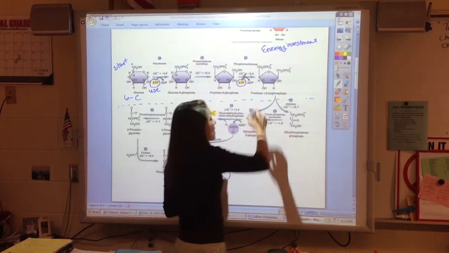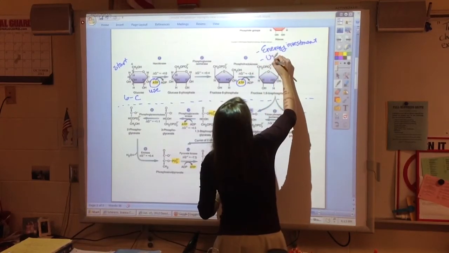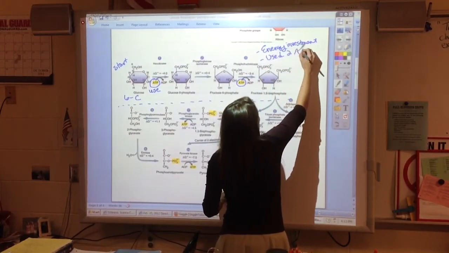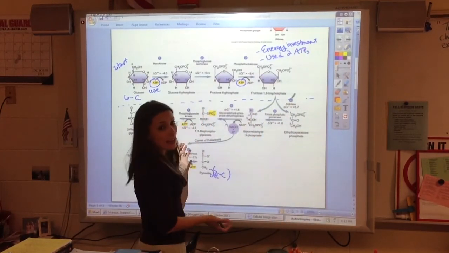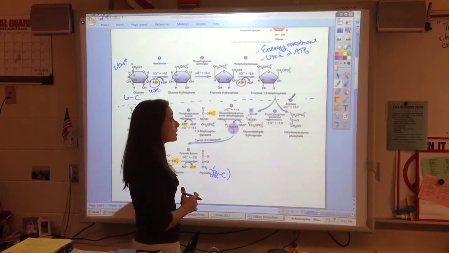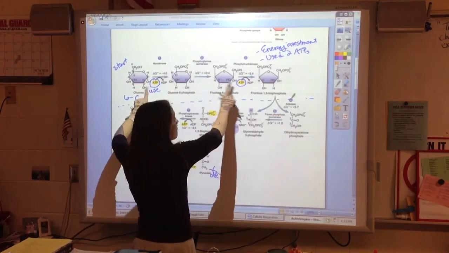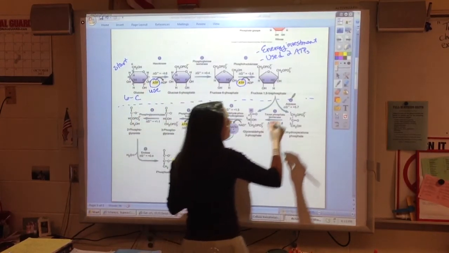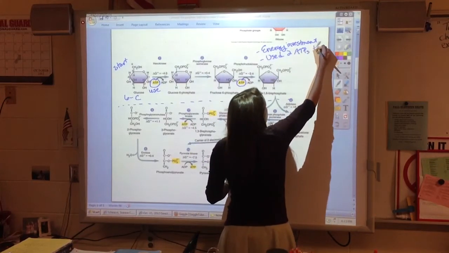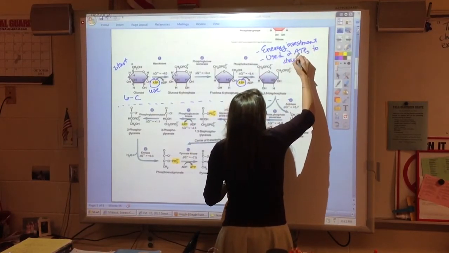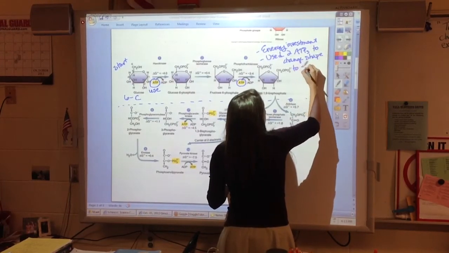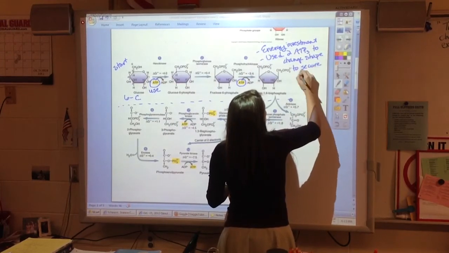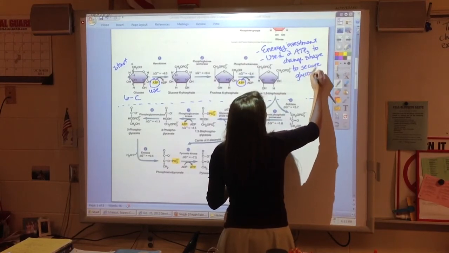So we have invested or used 2 ATPs. That's kind of unexpected. We're trying to make ATP. Why are we using it? It turns out that the investment of these 2 ATPs allows us to change the shape to secure glucose. Keep glucose in the cell.